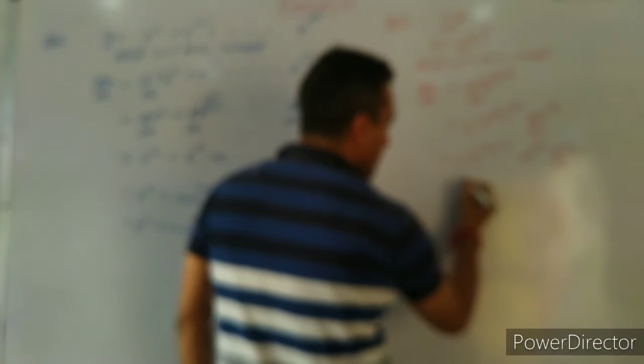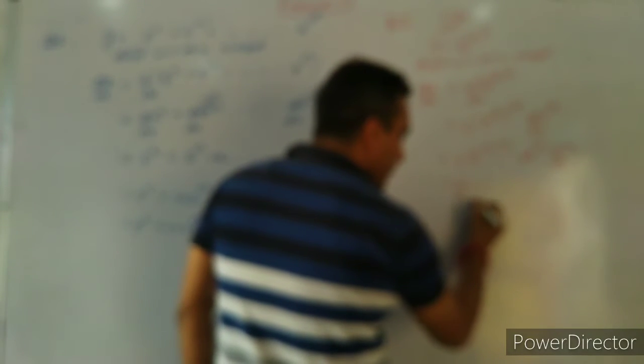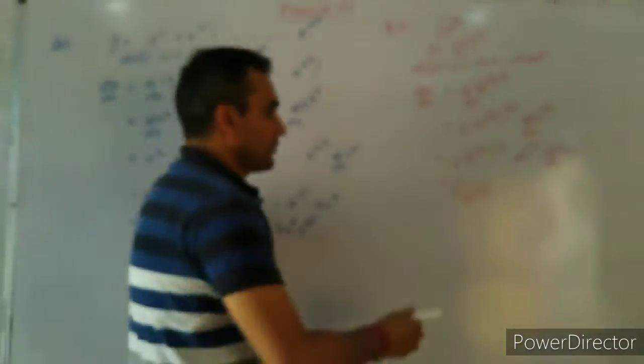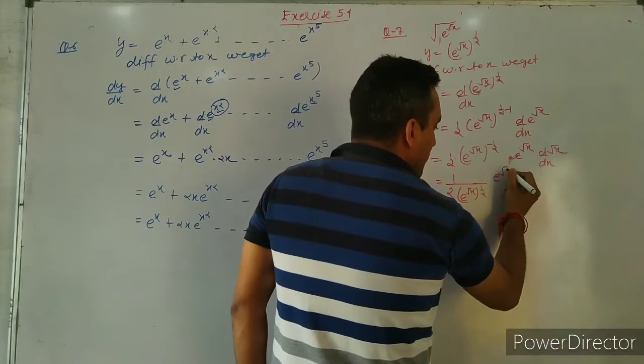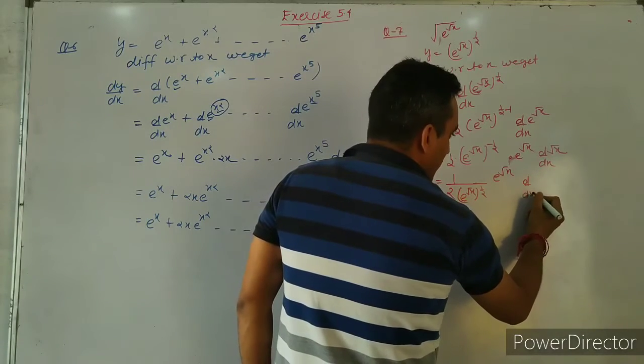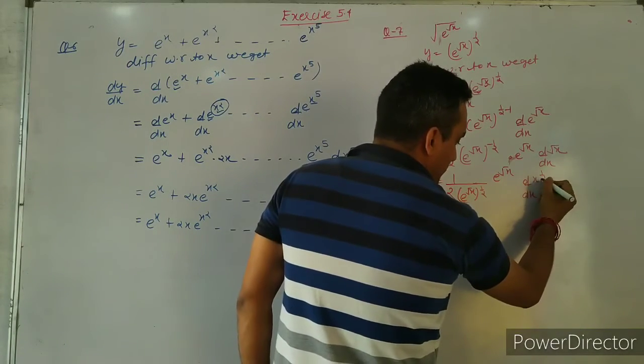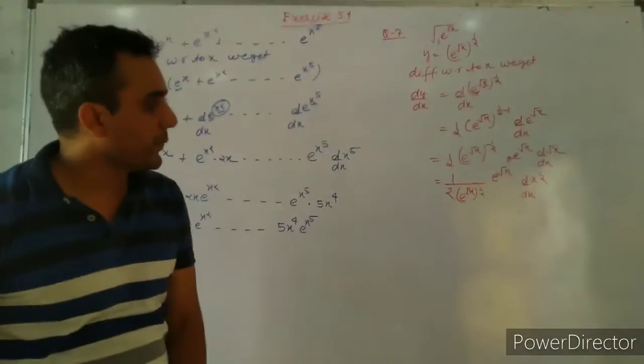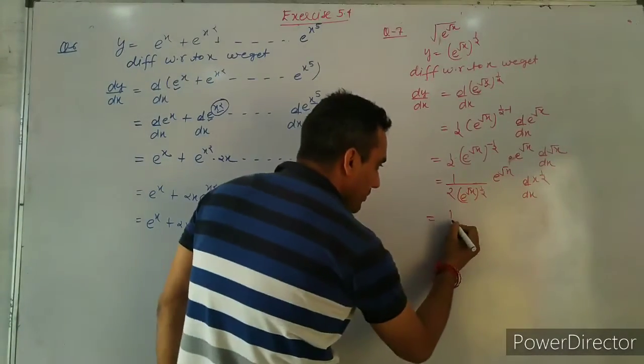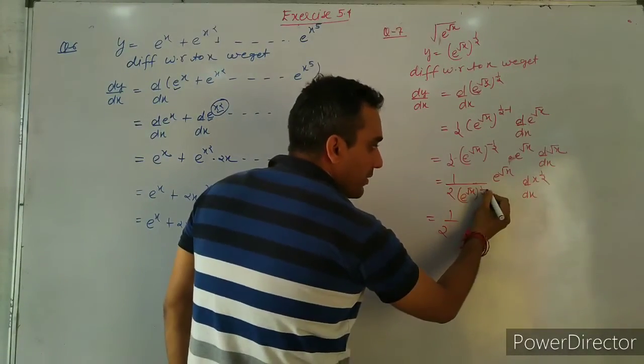Now this power is 1 by 2, which is half, and the power minus 1 by 2, if I write it at the denominator, will give me a positive power.